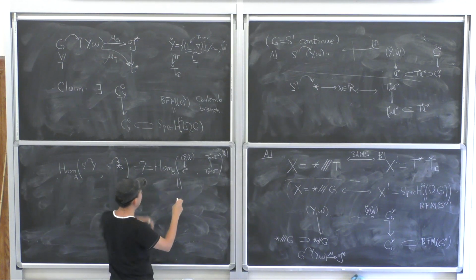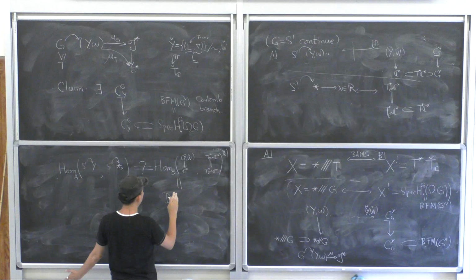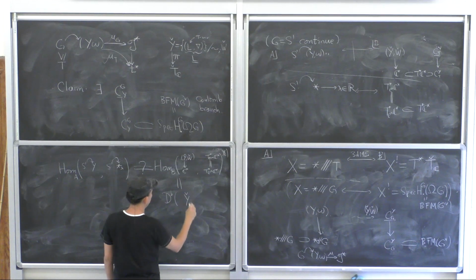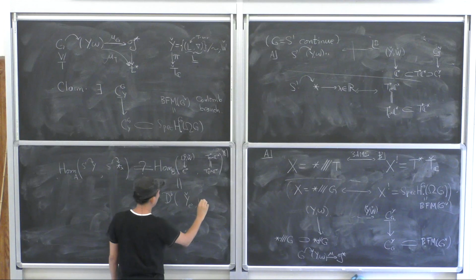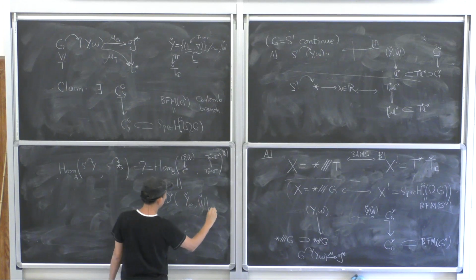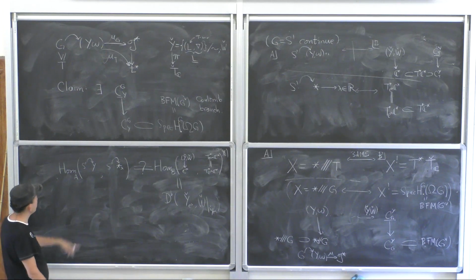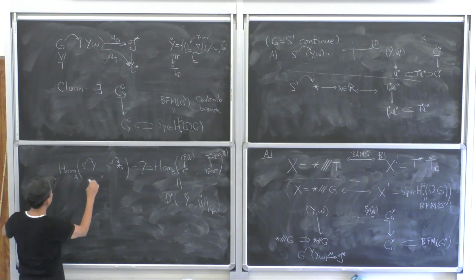If you look at it as a B theory, that would be whatever theory, derived category, but maybe with a Y check at the point and W check along that point. Or matrix factorization, whatever.